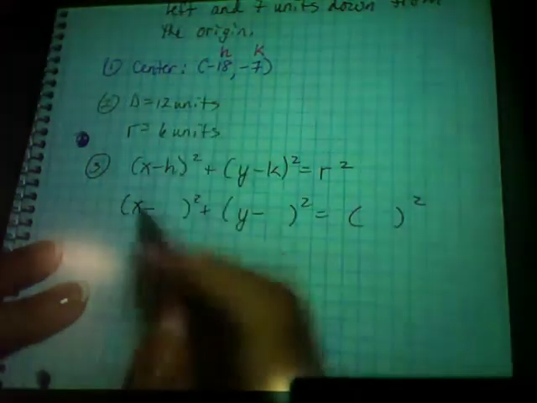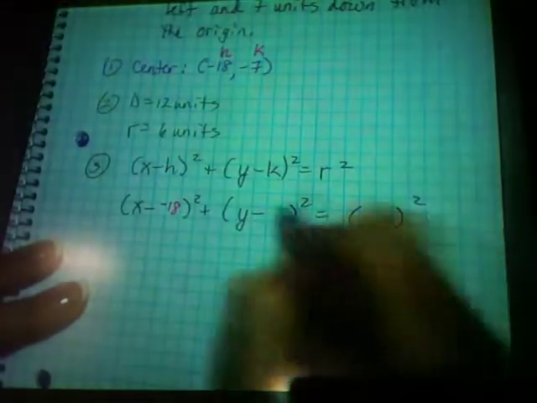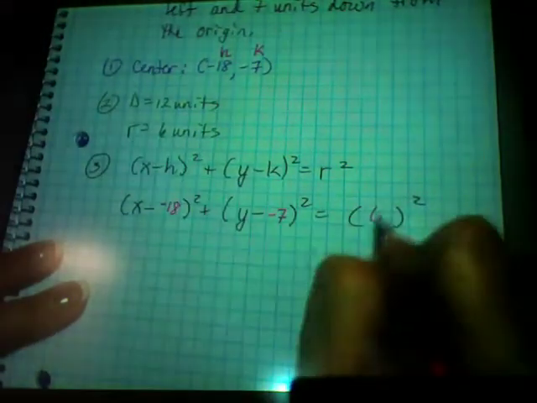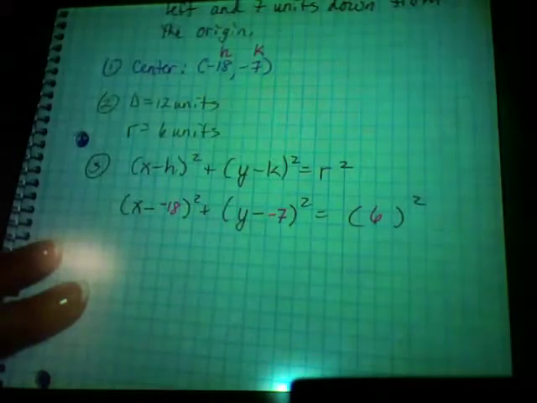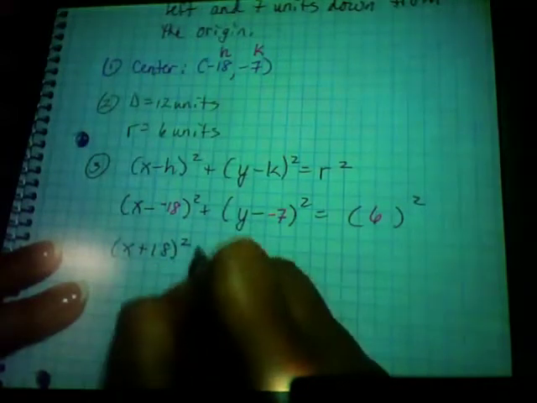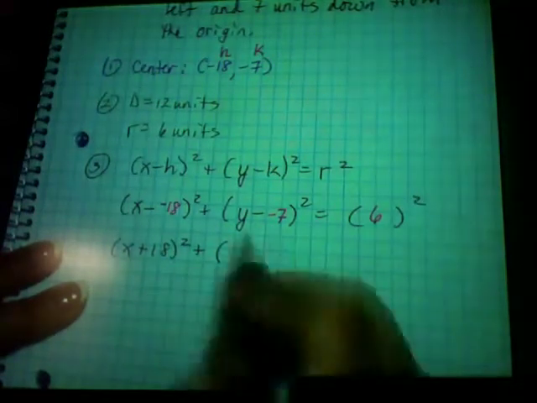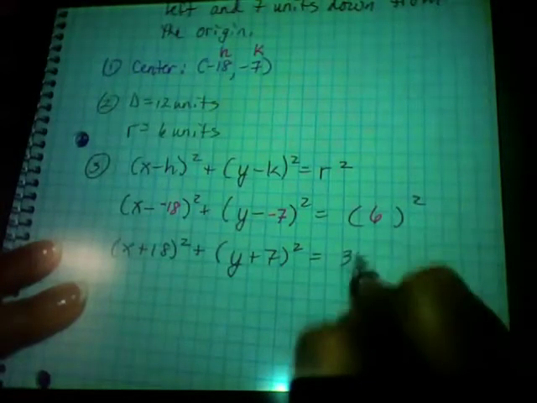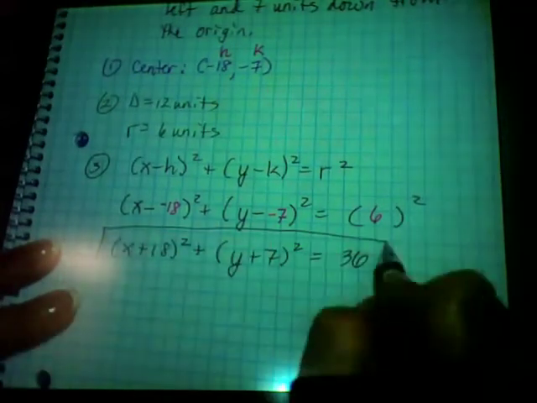So my h goes here, negative 18. My k goes here, negative 7. And my radius of 6 goes in here. Now clean it up. Plus, plus, so I get x plus 18 squared, plus y plus 7 squared equals, and square that, 36.